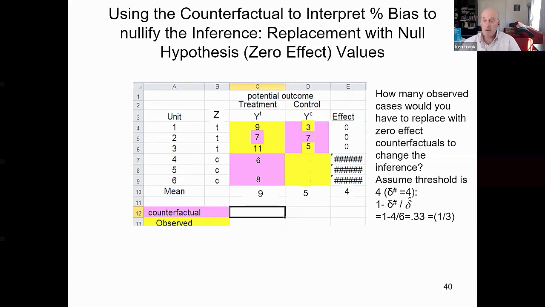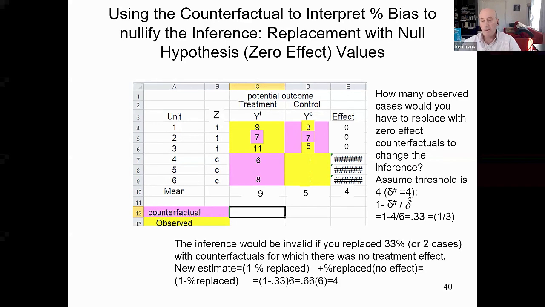So if you've seen the counterfactual before, you might not have seen it quite the way I set it up, and you probably have not seen this kind of sensitivity analysis use of the counterfactual. And so now we could say the inference would be invalid if you replace 33% or 2 of the cases with counterfactual cases for which there was no treatment effect.